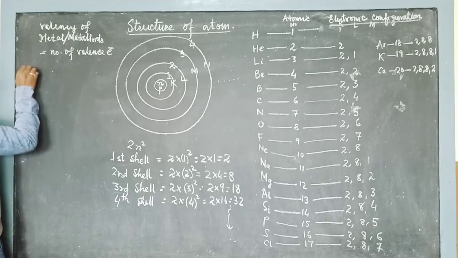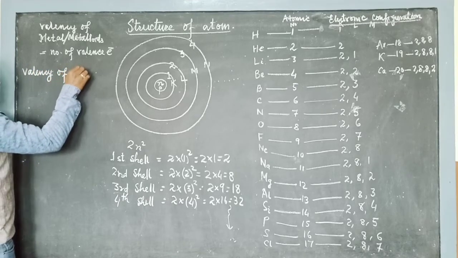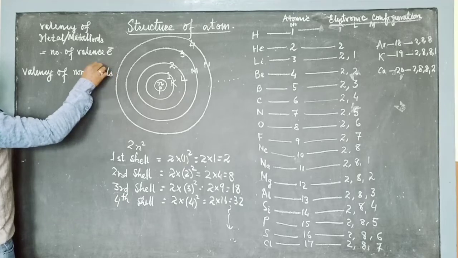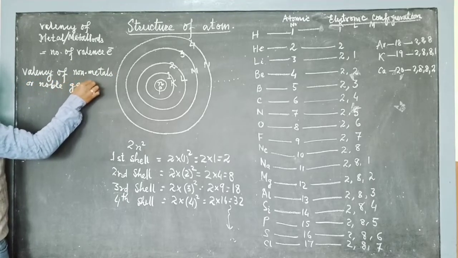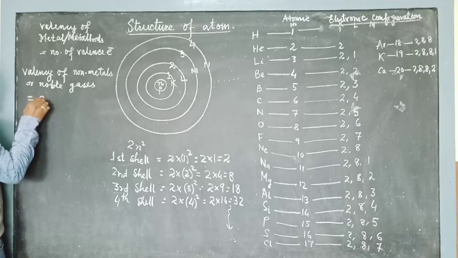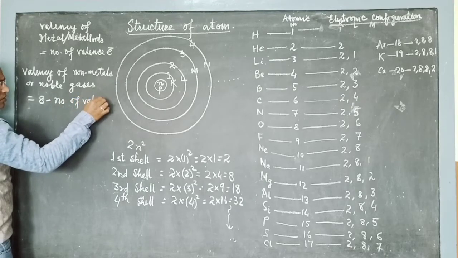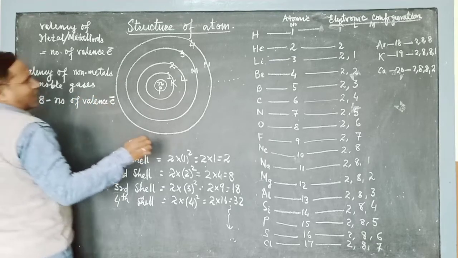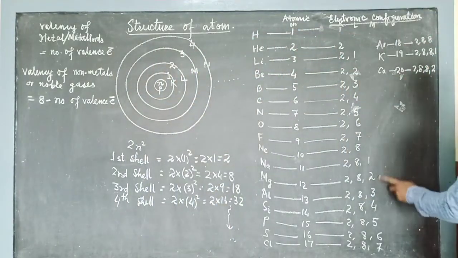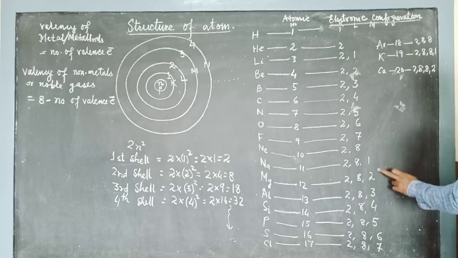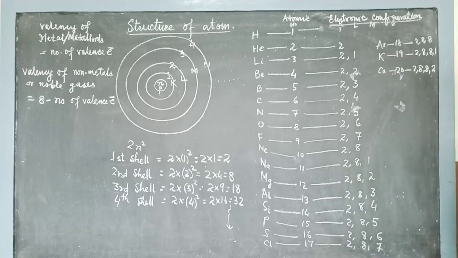But the valency of non-metals or noble gases is different. It is equal to 8 minus the number of valence electrons. Valency and valence electron will be the same for metals and metalloids, which have 1, 2, 3.